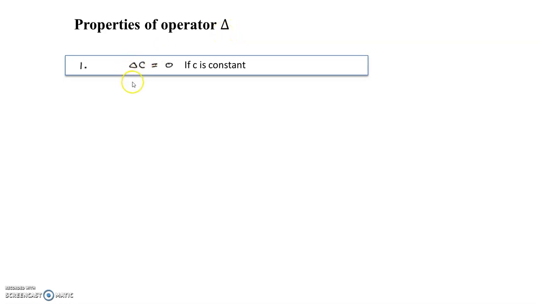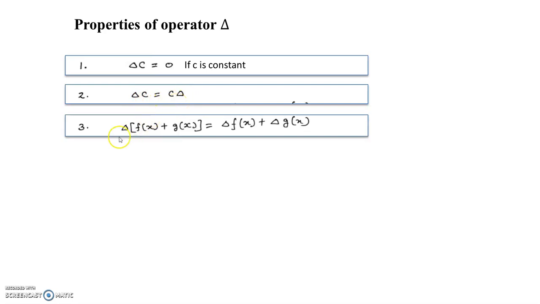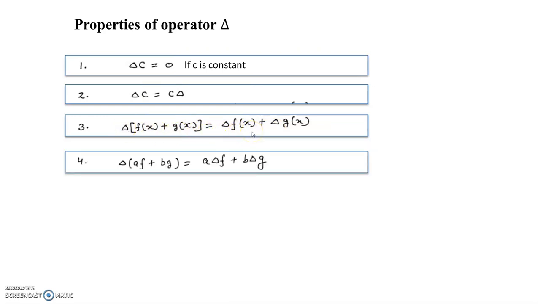Next is properties of the forward difference operator, del or delta. First property is del c is equal to 0 if c is constant. Second is for any c, del c is equal to c delta. Third one, del of sum is equal to sum of del. That means del of f plus g is equal to del of f plus del of g.